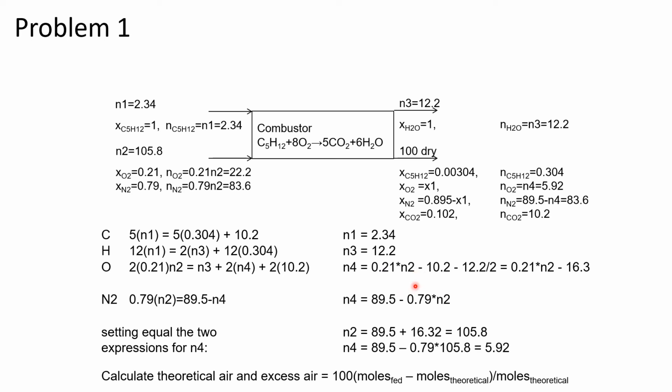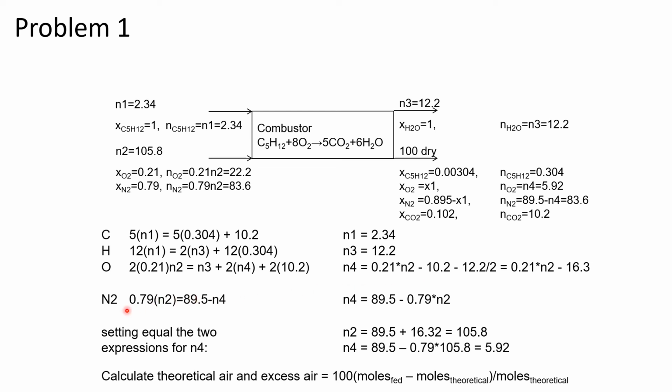And if we simplify this equation, what we end up with is that we can rewrite this such that N4 is equal to 0.21 times N2 minus 16.3. That's just this equation rearranged to write in terms of N4 equals something. We could have written it as N2 equals something, but I'm thinking ahead to the nitrogen balance, and with the nitrogen balance, it makes it a little bit easier if we solve this for N4 equals something.